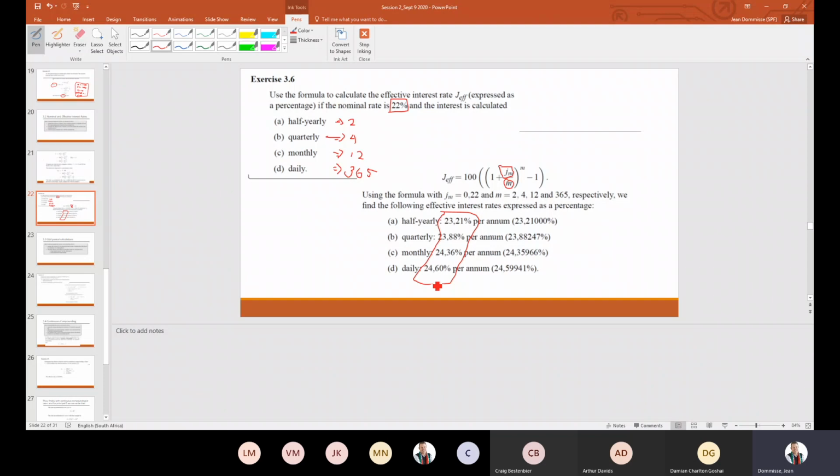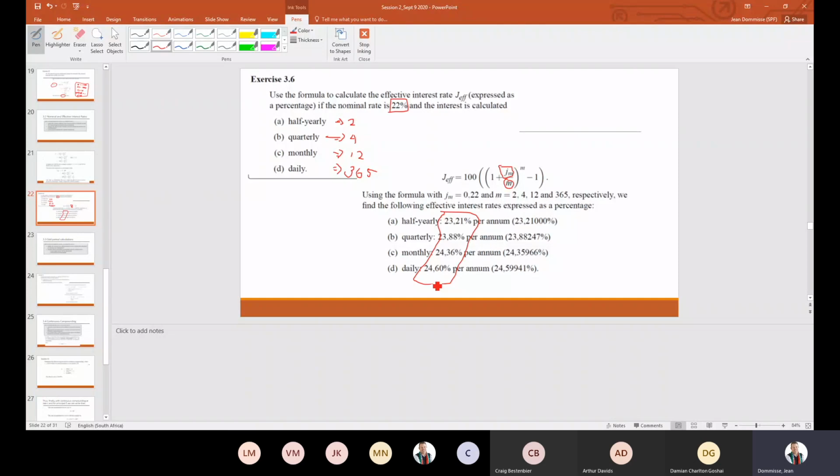So how I would have done it on my calculator is, and again that is where the how many times per year comes in, I would have needed to change it on my HP as 2 times a year. Then I would have put in the 22% as a nominal rate, and my second function, the effective rate, would then give me the 23.21.